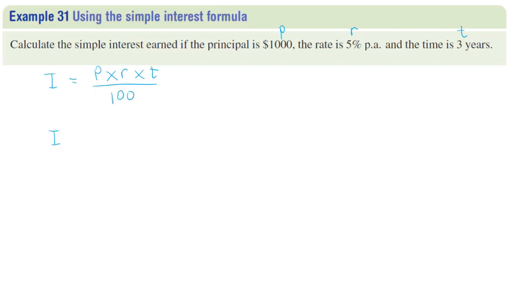Then I just substitute in the values, so P is 1,000, R is 5, and T is 3, divide by 100. So the interest is $150.